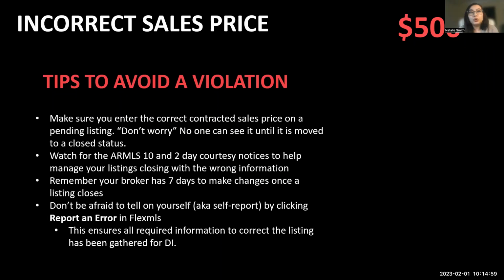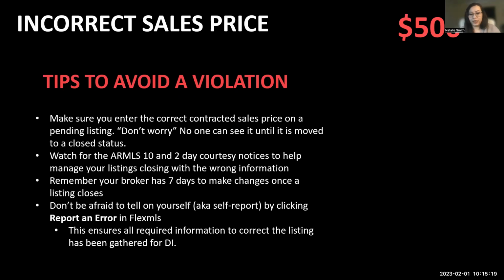So it's just a good rule of thumb to make sure that you enter the correct information in your listing when you're changing it to pending. When you're changing your listing to pending or under contract, if you're using that UCB status, it asks for all of the closing information.